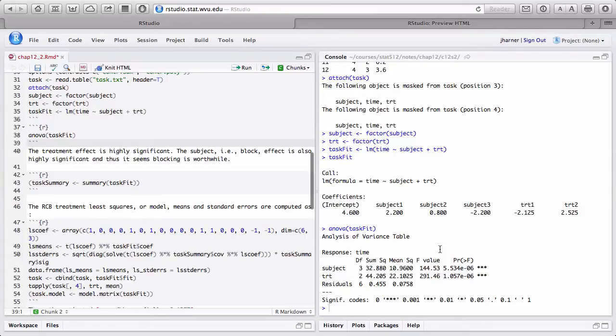The ANOVA basically does the same thing. It's operating on the LM object to create the analysis of variance table. Now, the problem is LM will just use the residual as the error term for everything. And so you might ask, in order to get those two F values, I divided each of these mean squares by this residual variation, 0.0756.